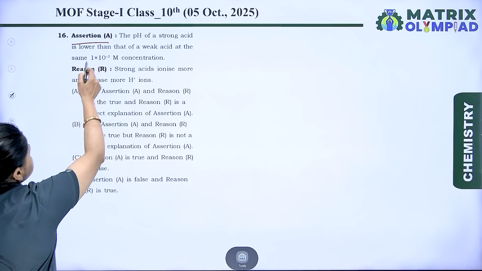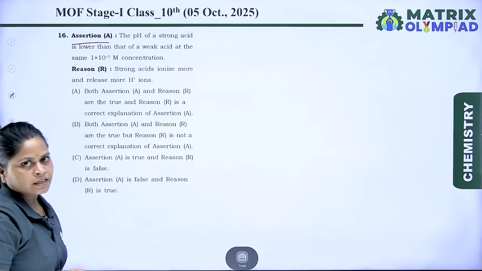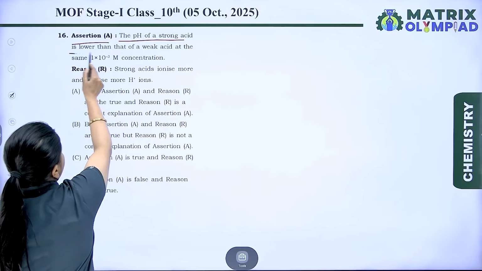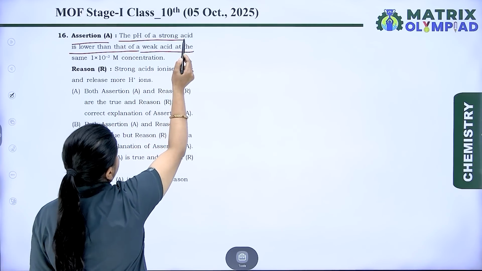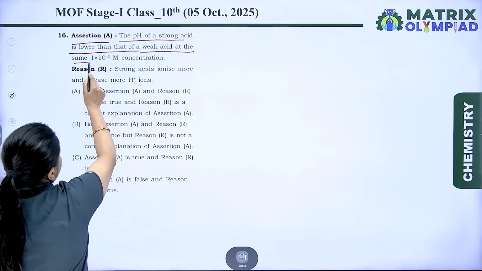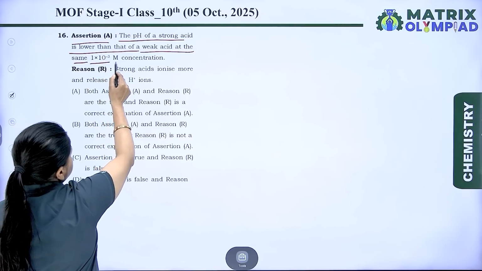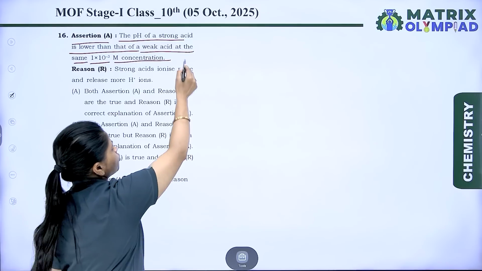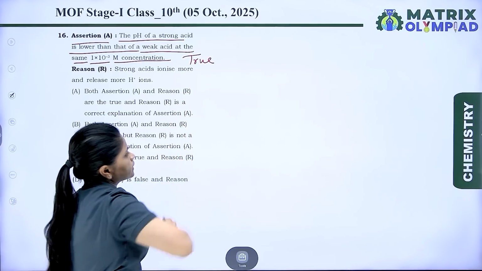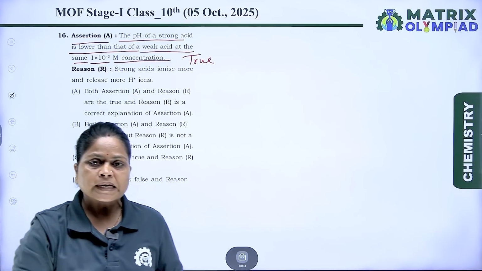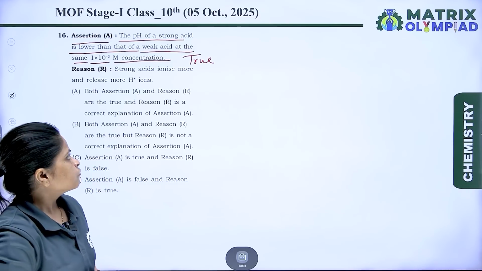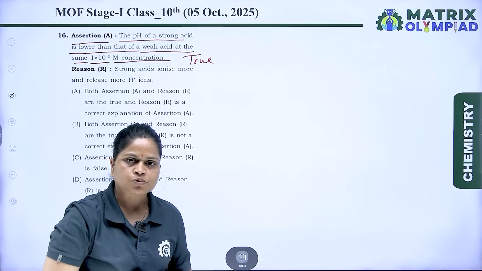This is an assertion-reason type of question, in which the assertion states that the pH of a strong acid is lower than that of a weak acid at the same 1 × 10^-3 M concentration. Yes, it is absolutely true, because as we know, strong acids are completely ionized in their aqueous medium, while weak acids are partially dissociated.